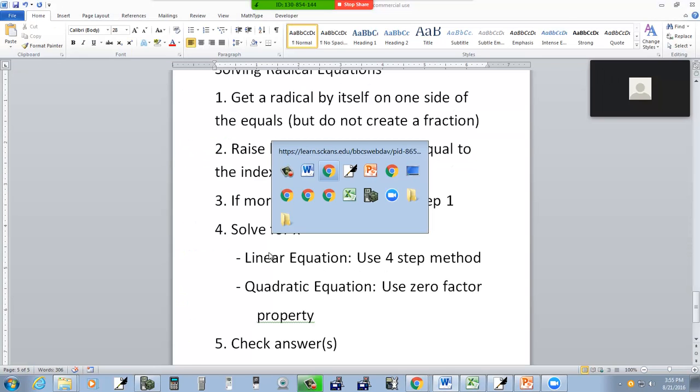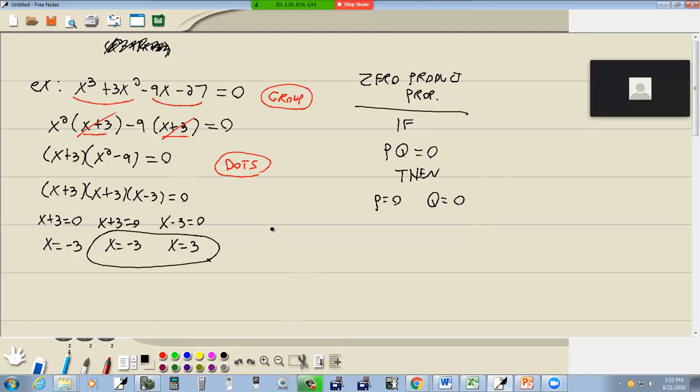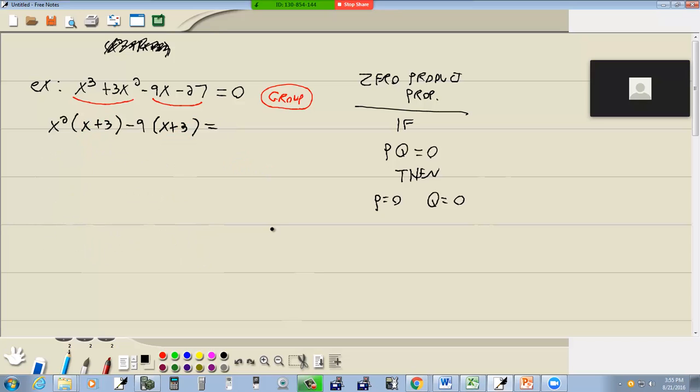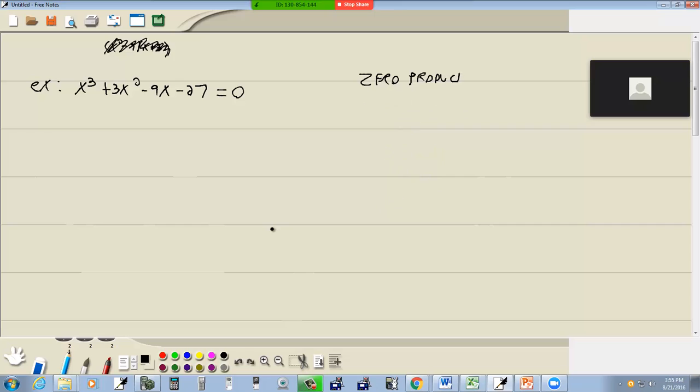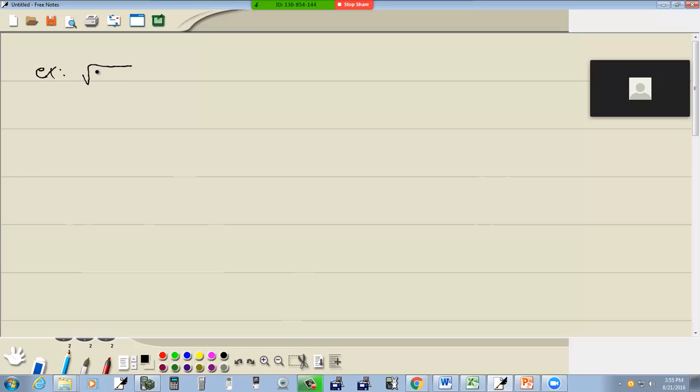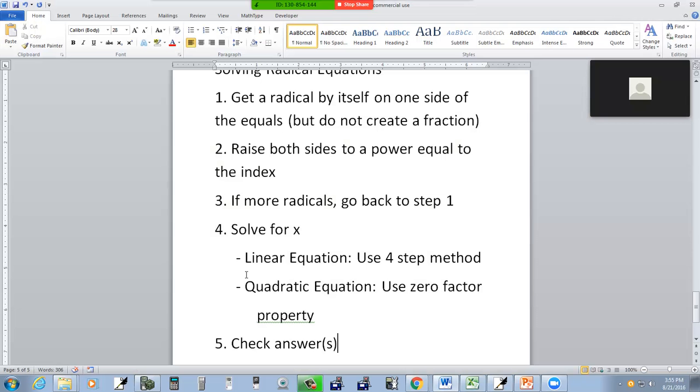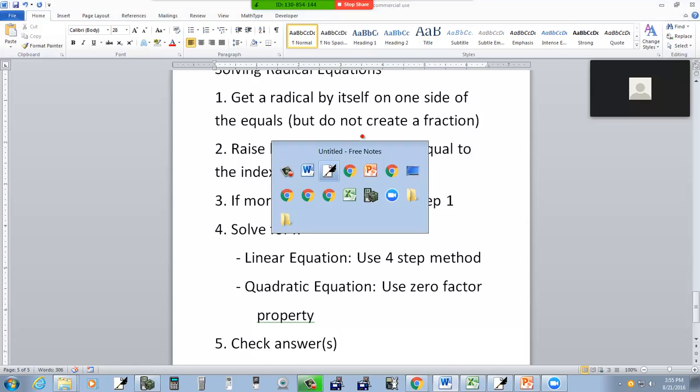So let me clear this off, and I'll make up an example. So we've got square root of 3x minus 1 is equal to 2. Now if we go through our steps. Step 1 is get a radical by itself on one side of the equals, but do not create a fraction.